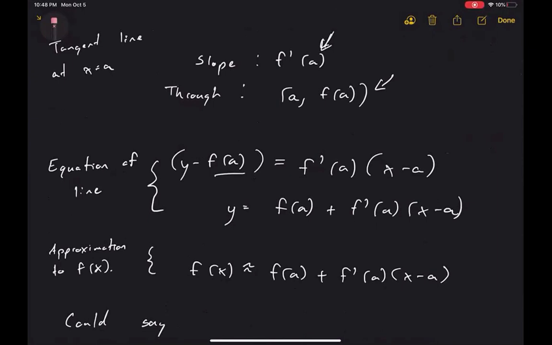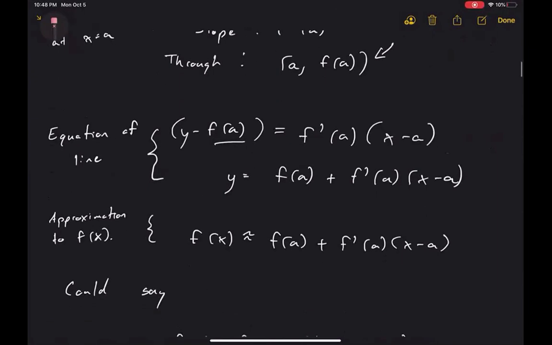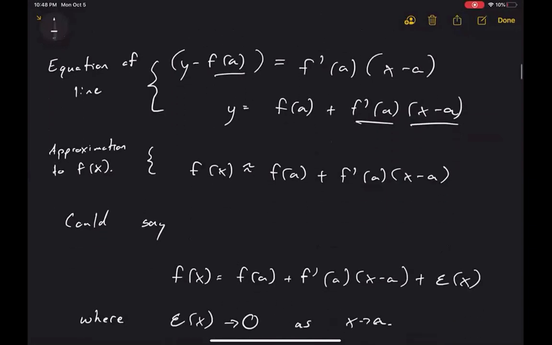Another way to think about this x minus a, f prime of a times x minus a, is that our function value f of x, we start at f of a, and then we have the slope of our tangent line, f prime of a, and we're multiplying by some distance.